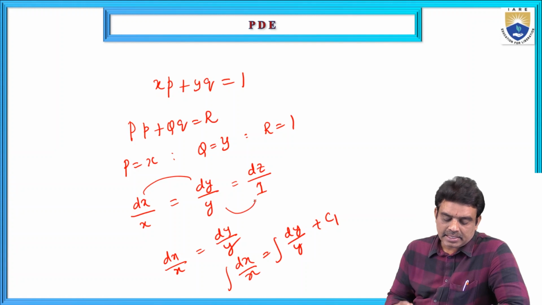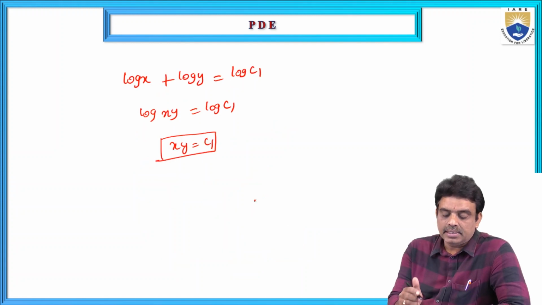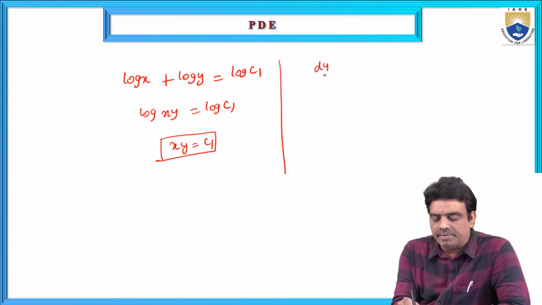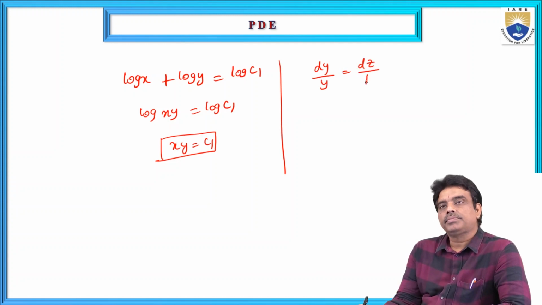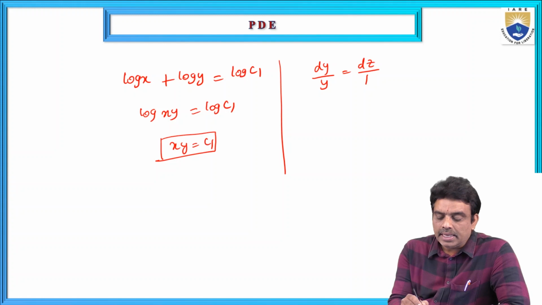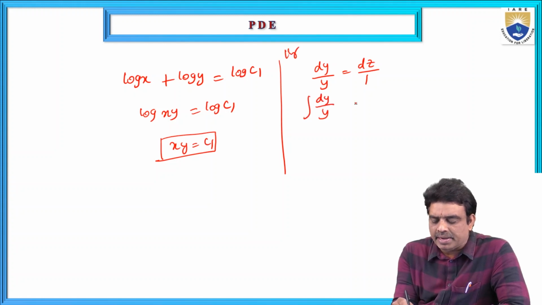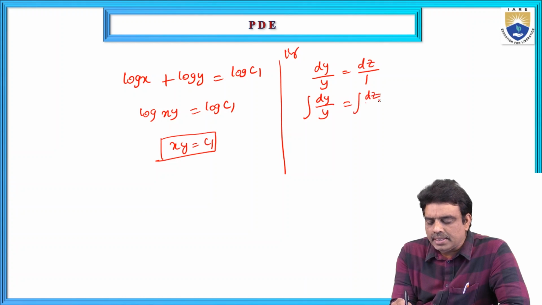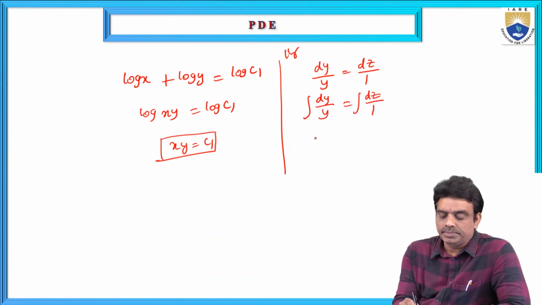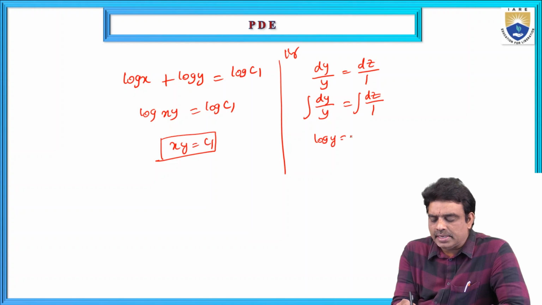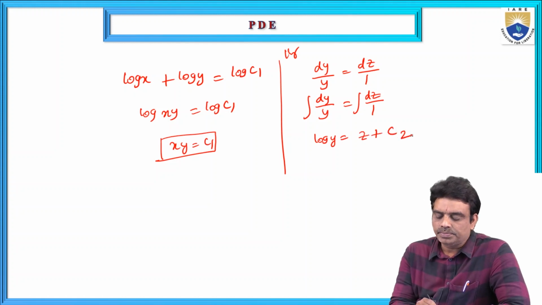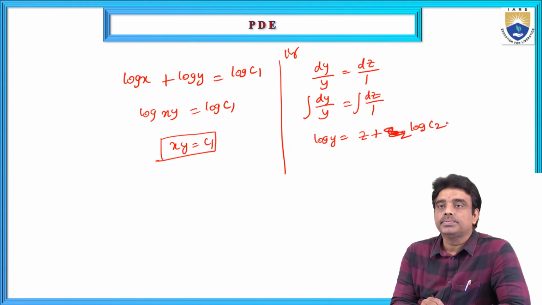Similarly, I consider the second and third, that is dy by y is equal to dz by 1. Taking integration, integral dy by y is equal to integral dz by 1. So log y is equal to z plus c2, or I can consider it as log c2 also.